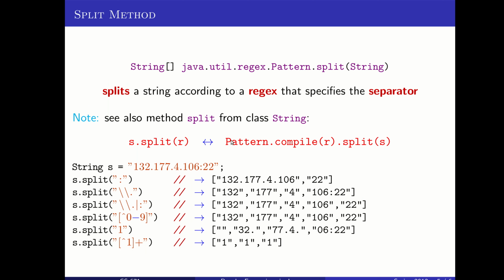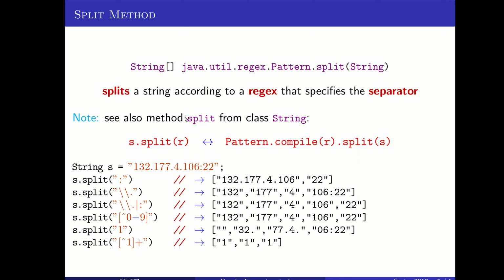Another way to use regular expressions in Java is to split strings. The Pattern.split method will split the string up into an array of strings according to some separator or delimiter.